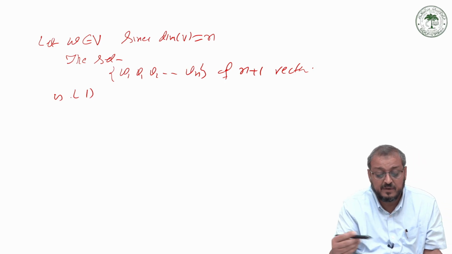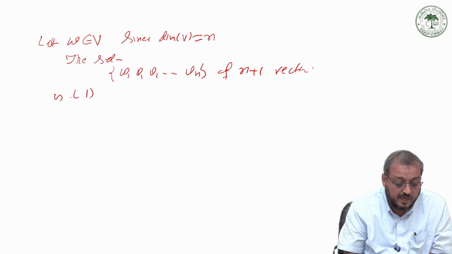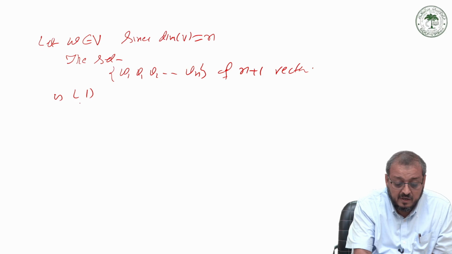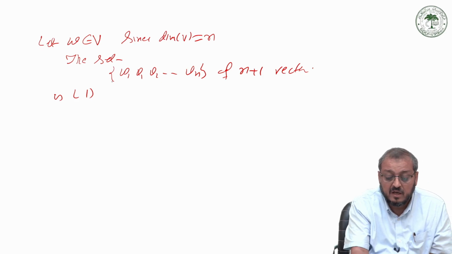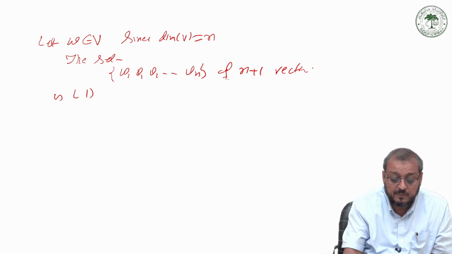We just said that every n plus 1 vectors of an n dimensional vector space is linearly dependent. So we can say that this set is linearly dependent.